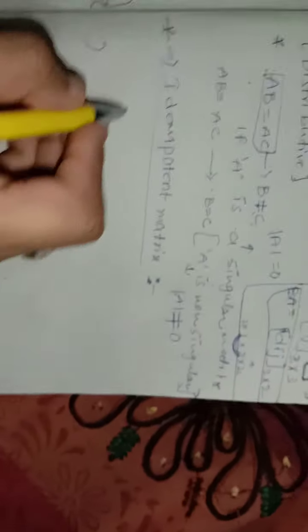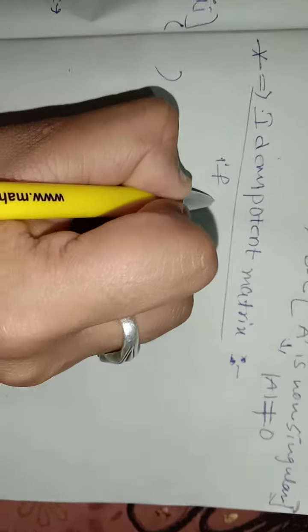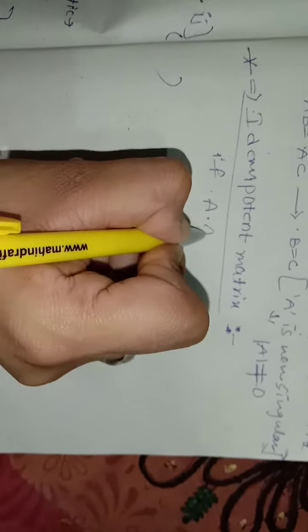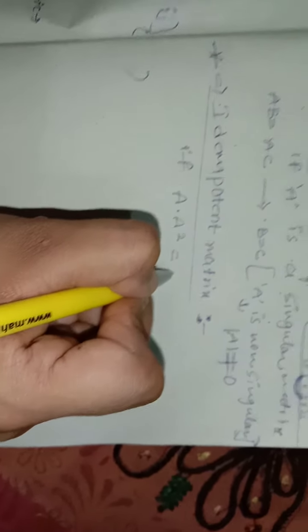So, idempotent matrix. What is an idempotent matrix? An idempotent matrix is any matrix that is squared and multiplied with the same matrix. That is, if A into A square equals, what will be the resultant?